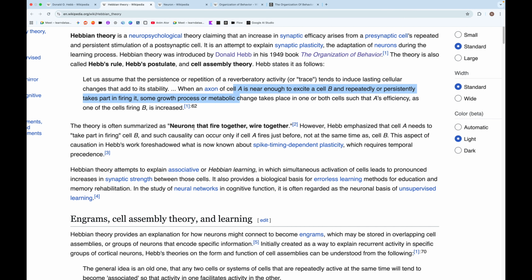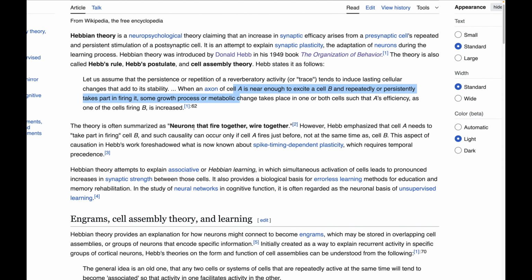So basically what he said was that neurons in our brain that work together, the connections between them get stronger. If you have heard the saying, neurons that fire together wire together, what it means is that if we have a neuron that consistently is stimulating another neuron, then the connection between that neuron and the other neuron becomes more and more efficient.